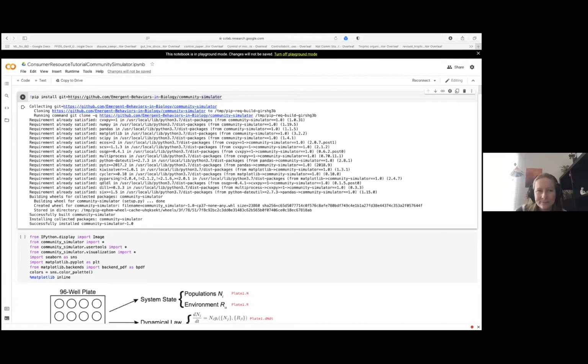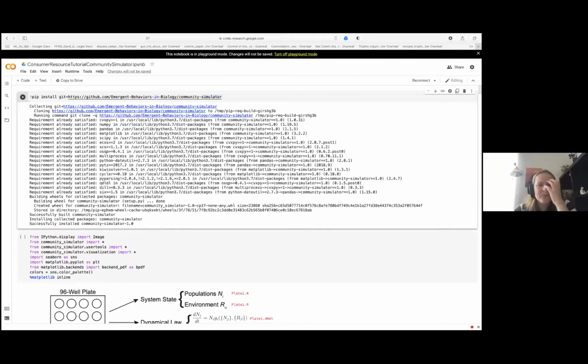So I just think that it might be a useful exercise to walk through the functionality of their package and see what kind of parameters you need to specify in order to run community dynamics, what kind of scenarios you can explore, and what kind of plots people typically have.